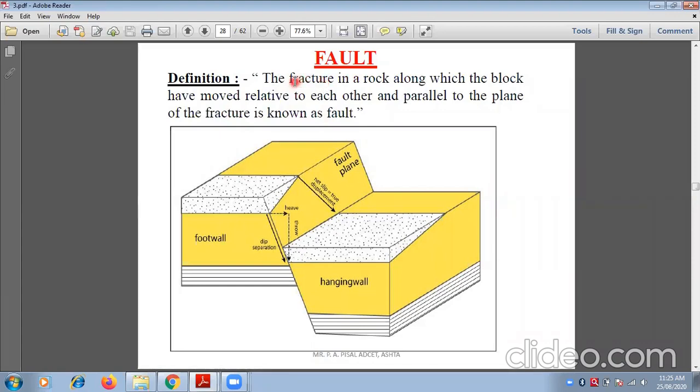Some fractures are a few centimeters in length, some are a few meters in length, and some fractures are also kilometers in length. So there is a variation in the dimensions, that is, the length of that fracture. And when two rock blocks are moved or displaced from each other along that fracture or along that joint, then that displacement is considered as a fault.